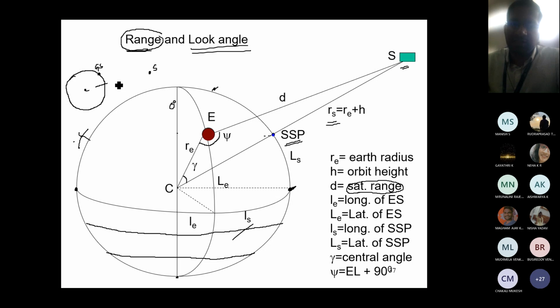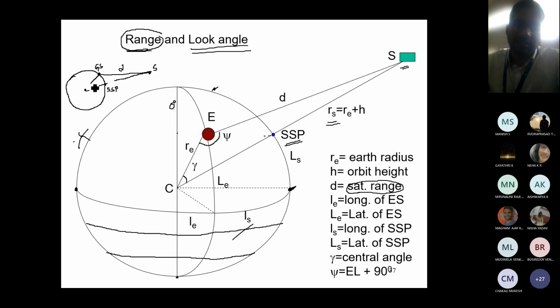Now, if you make a line joining the center of the Earth to the satellite, this point is the subsatellite point. And from the ground station to the satellite, this distance is d. We are looking for the value of d in this particular lecture.